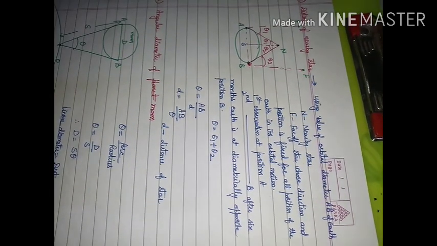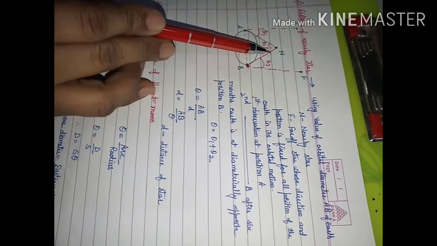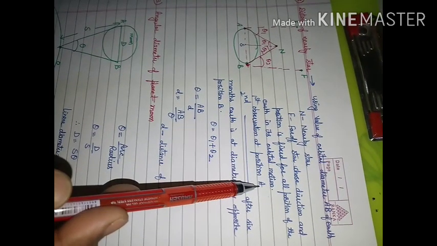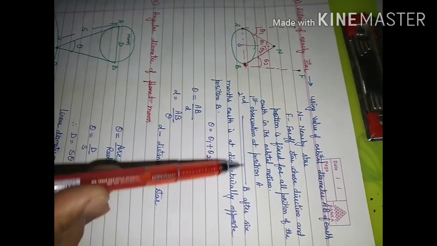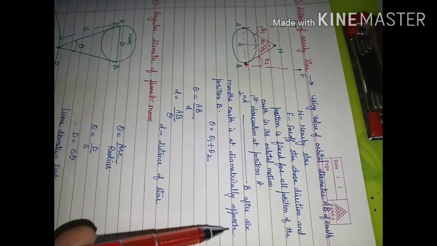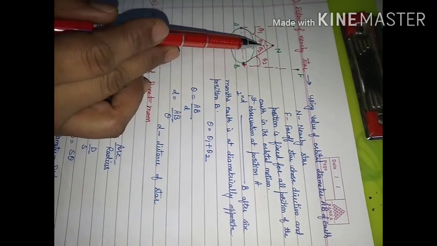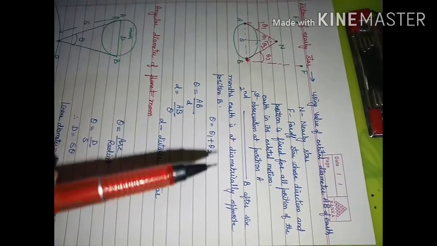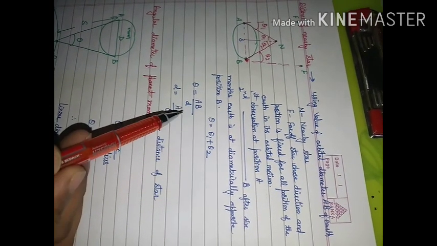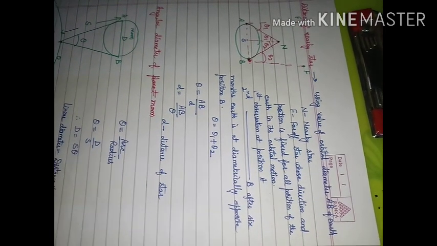When we consider like this, this angle will be theta 2, this angle will also be theta 2. So the first observation is at position A, the second observation at position B. After 6 months, Earth is at the diametrically opposite position B. So this complete theta will be equal to theta 1 plus theta 2. Again using the formula, theta is equal to length of arc divided by radius, you can find out d, that is the distance of the star.